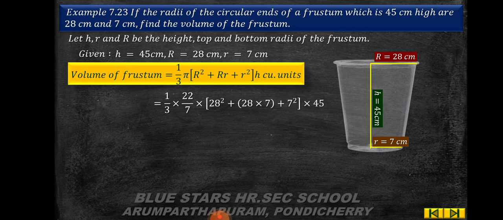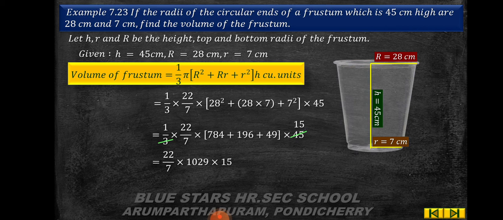We just substitute the values of capital R is 28 and small r is 7 and height is 45, which is equal to 1 by 3 into 22 by 7 into 28 square is 784 plus 28 into 7 is 196 plus 7 square is 49 into 45. So 3 and 45 get cancelled, 15 times, which is equal to 22 by 7 into 1029 into 15.